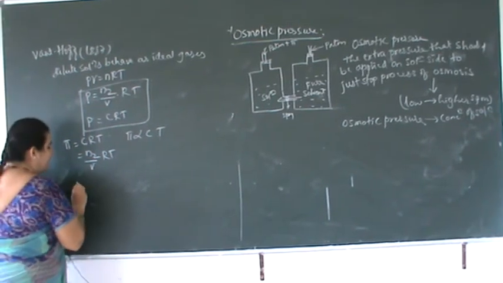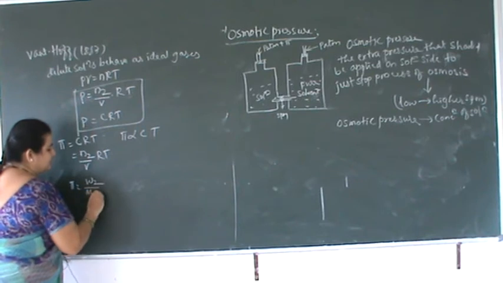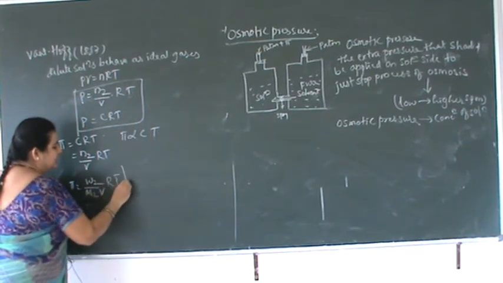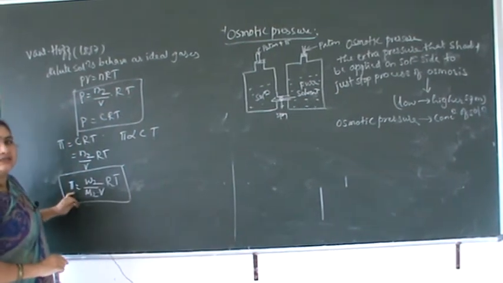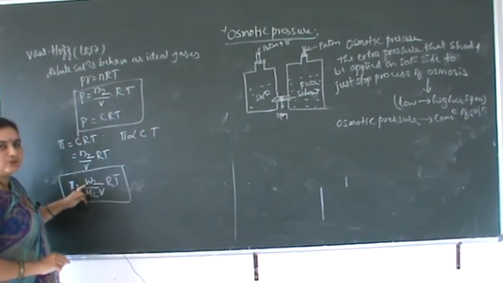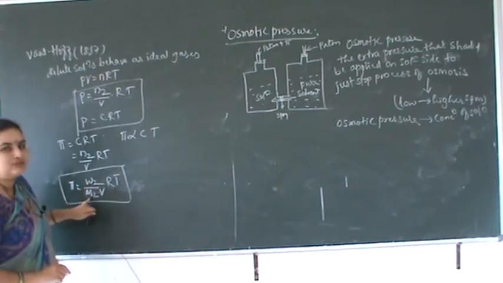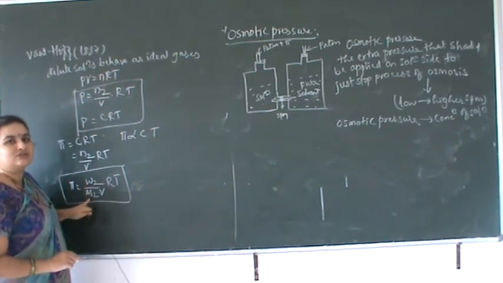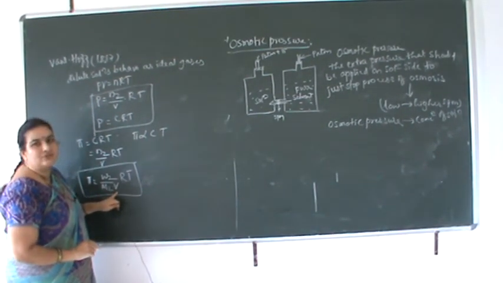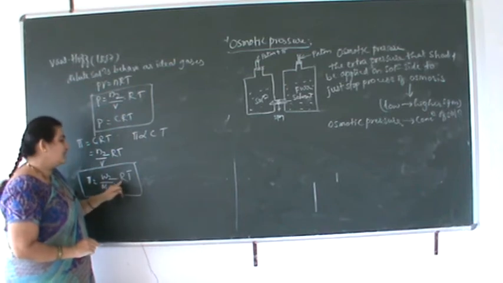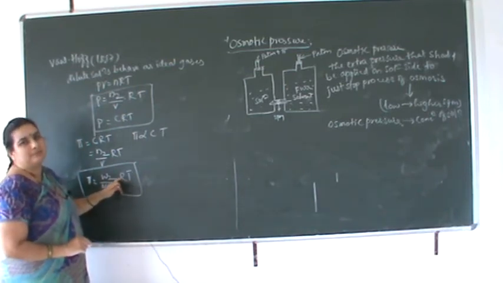So C is equal to n2 divided by V, and n2 is W2 by M2, so pi equals W2 RT divided by M2 V. Here pi is the osmotic pressure, W2 is the mass of the solute in grams, M2 is the molar mass of the solute in grams per mole, V is the volume of the solution in liters, R is the gas constant, and T is the absolute temperature.